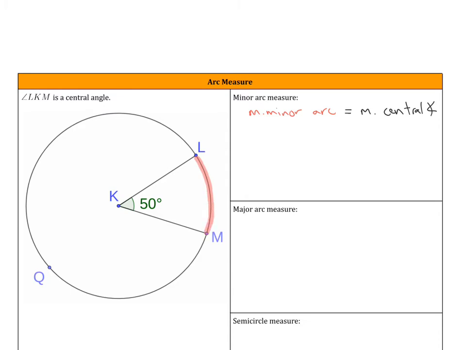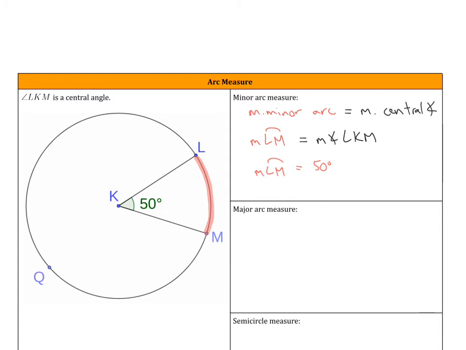So that's going to be arc LM. And to find the measure of arc LM, we need to take a look at the measure of angle LKM. We know that the measure of angle LKM is 50 degrees, which means that the measure of arc LM is also equal to 50 degrees.